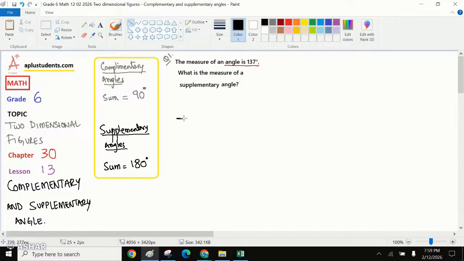It has to be a total of 180. Let's suppose we are given a line, which is always 180. An angle of 137 is given to us, which is obviously greater than 90. We have to find this missing angle.